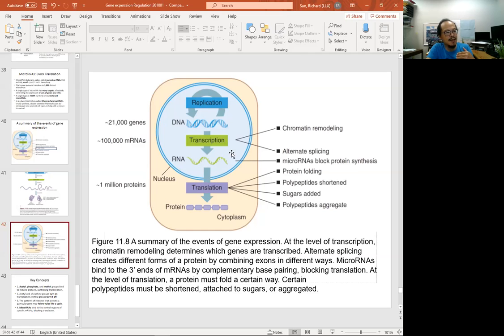We can have some alternative splicing, and so the same code can have multiple different types of messenger RNA products. And the same messenger RNA products can have multiple structurally different proteins because we can have some modification, different folding. We can have different decoration too.